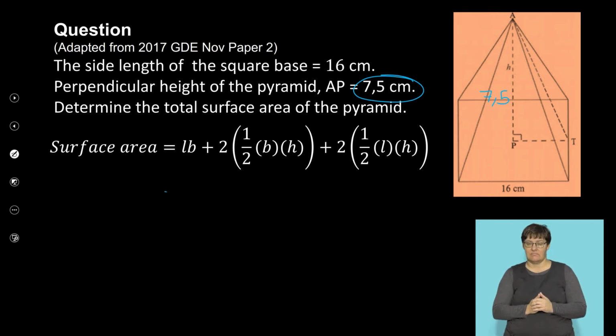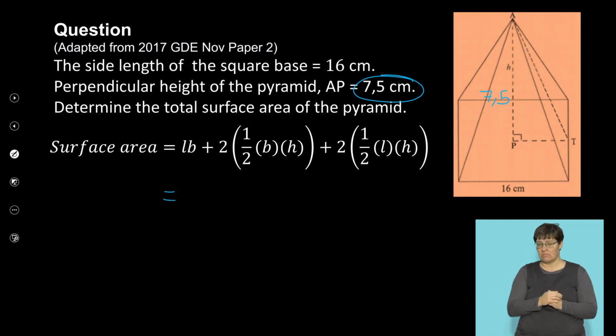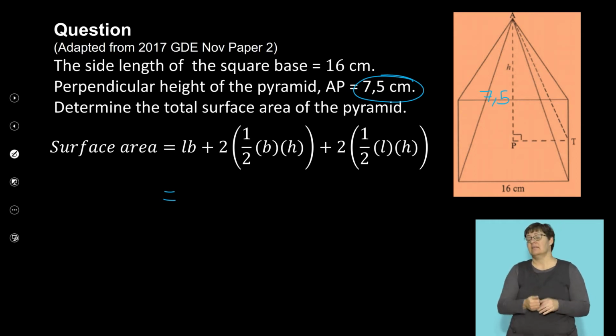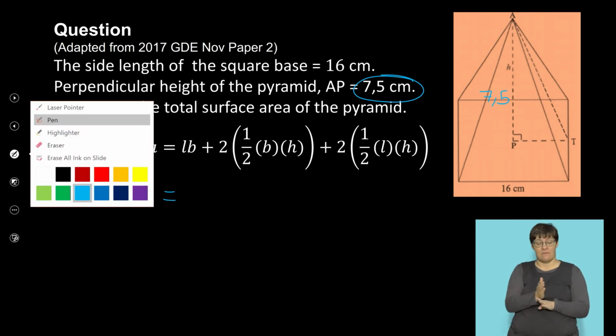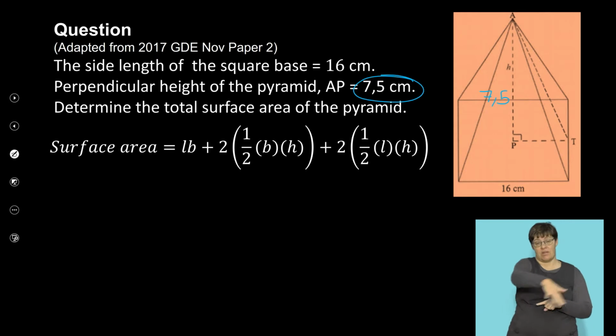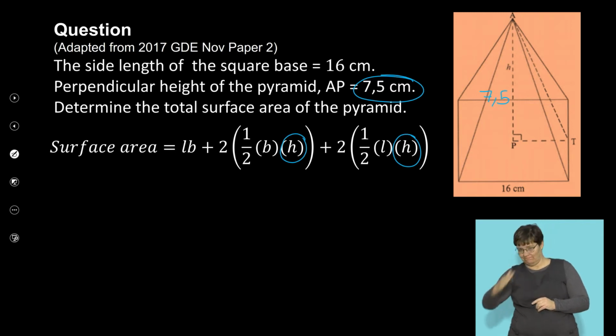Cool. So what we're going to do is first find the area of the base, and then add it to the particular triangles that make up the exterior of this pyramid. But before I do that, I'm going to remind you guys that when I'm working with surface area, the height is referring to my slant height.